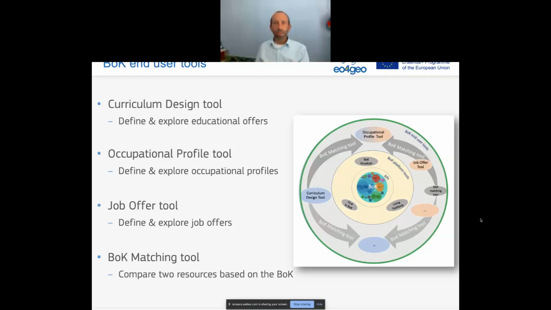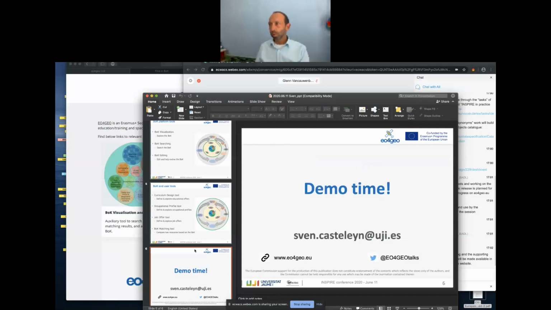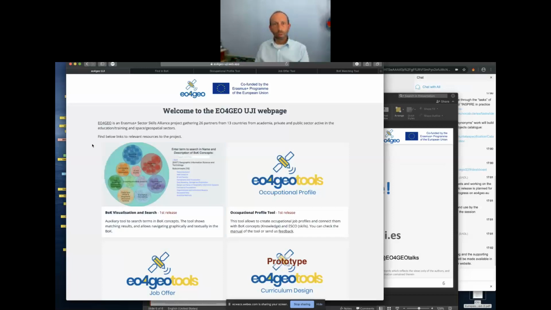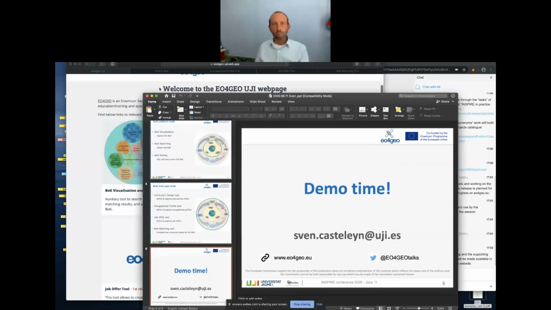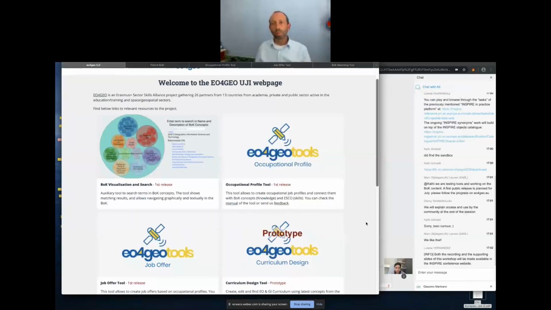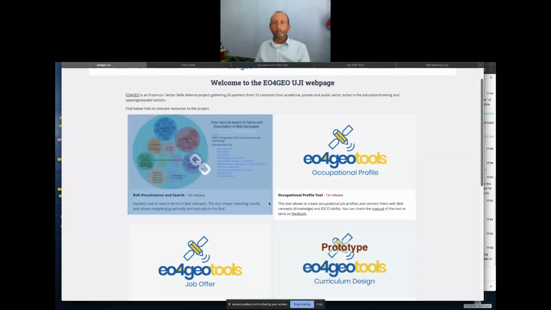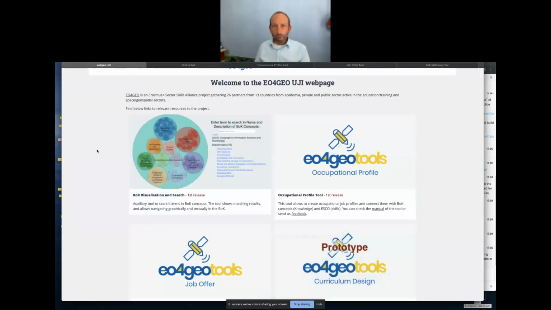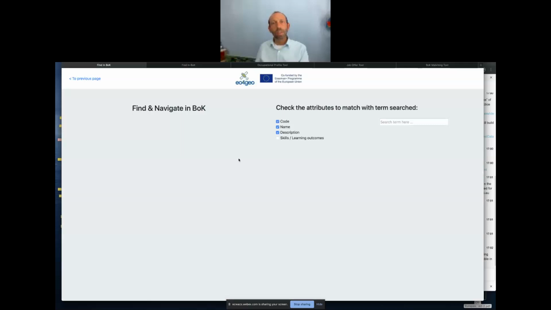So let's try to edit a concept also. Let's go to yet another concept, for instance something with geospatial industry. Also, that is part of our body of knowledge. We can see here, and I've marked this one already so that I can easily find it back. So you can also give these concepts different colors for easy navigation.